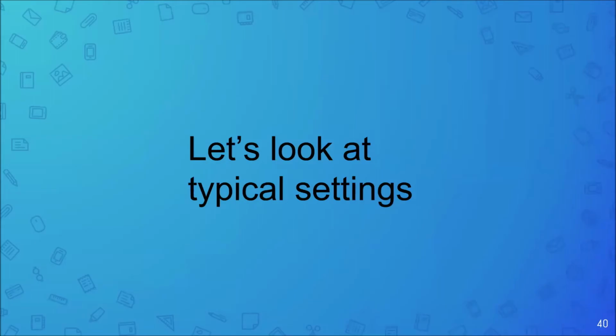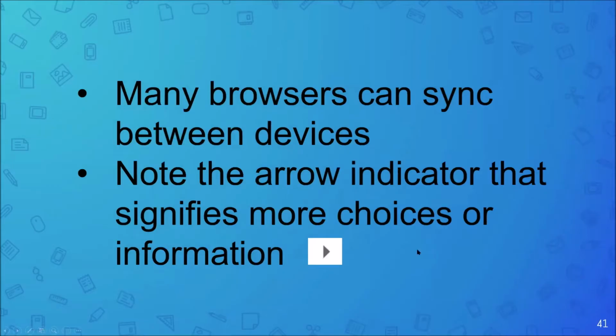Okay, so let's look at some typical settings. Many browsers can sync between devices. Note the arrow, and then also note that the arrow indicator signifies more choices or information when you're looking at the settings. So I like the syncing between devices.